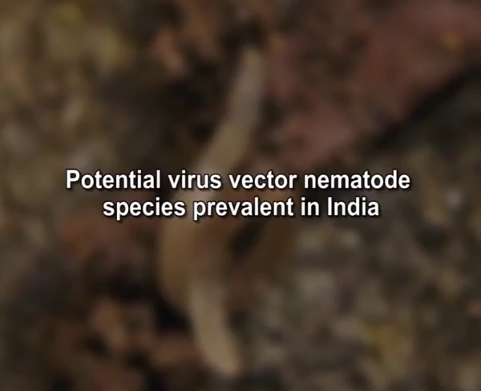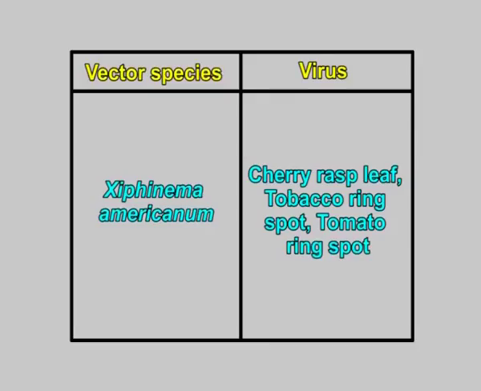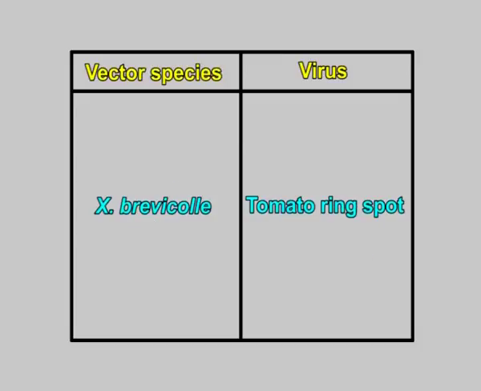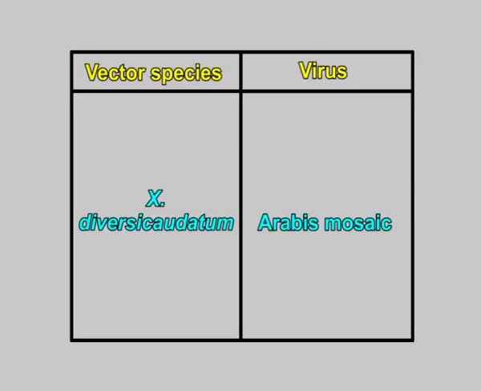Now we will see the potential virus vector nematode species prevalent in India. The first vector, Xiphinema americanum, transmits cherry rasp leaf, tobacco ring spot, tomato ring spot. The vector Xiphinema brevicolle transmits tomato ring spot, and Xiphinema diversicaudatum transmits Arabis mosaic.